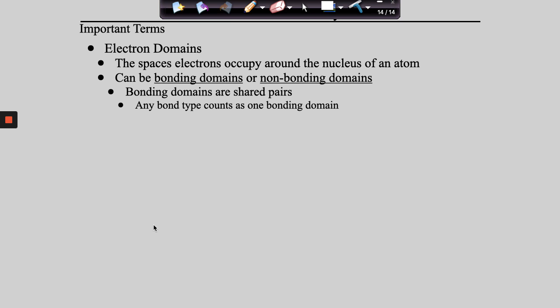They can be bonding or non-bonding. But relative to what you learned last time where you were counting shared pairs and lone pairs, these bonding domains are the shared pairs, but any number of shared pairs counts as one domain. Then there are also what are called non-bonding domains, and these are the lone pairs. So let's take a look.